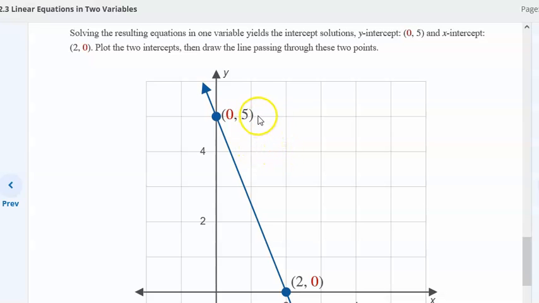Now, if you do have a TI-84 or some other kind of graphing calculator, you can put that in there. And you can also use, if I haven't mentioned already, Desmos.com, a site where they have a free graphing calculator. You might try that out if you haven't already.